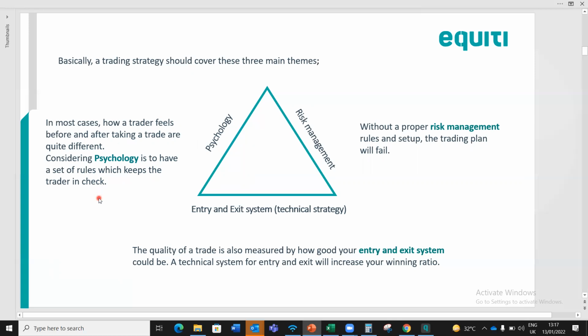Why? Because most certainly and oftentimes, the way a trader feels before he takes a trade is so much different from the way he feels after taking the trade. Of course, if your trade is going on loss, you will be pressured. And if your trade is going on profit, you'll be super excited.